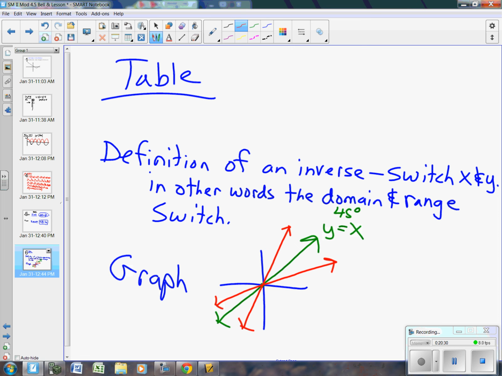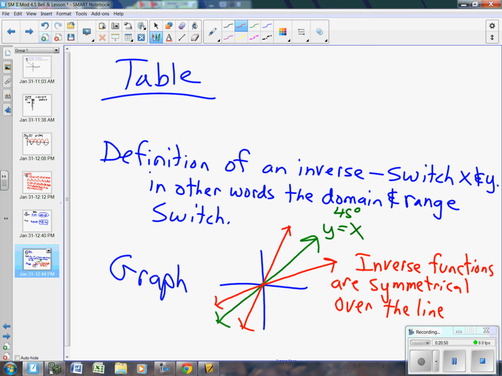So you're going to write: inverse functions are symmetrical over the line y equals x. Okay? Inverse functions are symmetrical over the line y equals x. Very important to know that. Raise your hand if you know which variable is the independent variable.